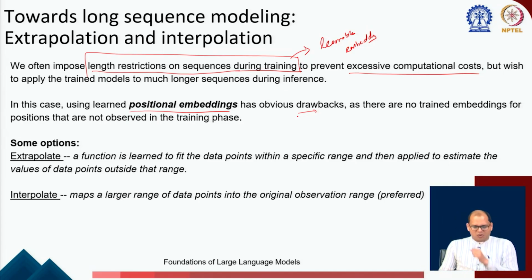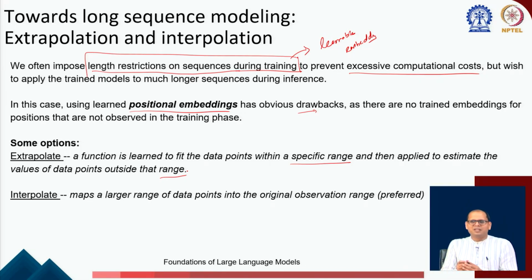So there are two options for this. One is you can extrapolate, that is, you have learned a function to fit data points within a specific range, but then you can use the same function to estimate the values outside that range, that is extrapolation, or you can do interpolation. So what is the idea? You have learned it for a certain range, but you have data in a larger range.